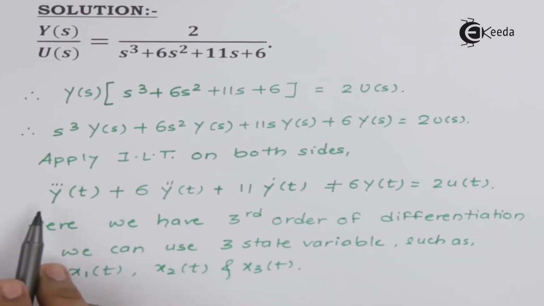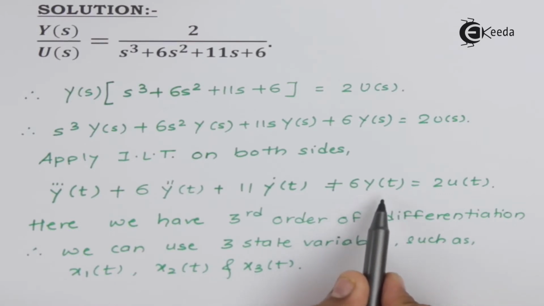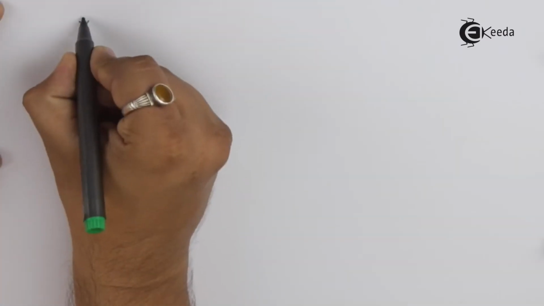As I said, we have a third order differential equation, so we can use 3 state variables, and let's say the state variables are x1(t), x2(t) and x3(t). Now we will substitute all my state variable values in my equation.